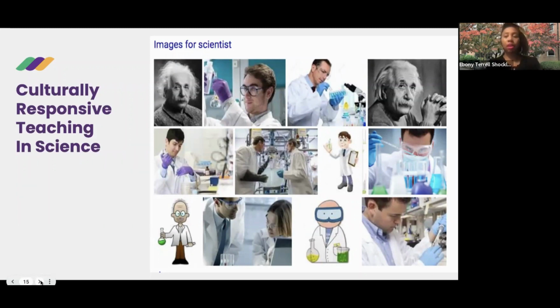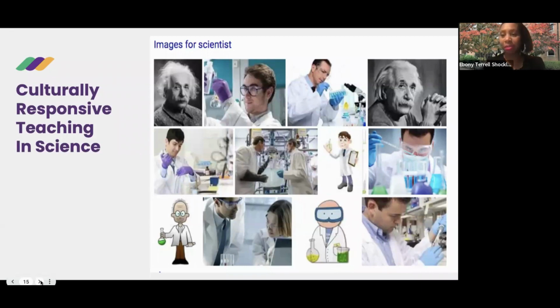So you have to think about the algorithms that had to be used to come up with these images, the thinking behind these images, why these images, what systems, what mindsets, what dispositions did the individuals who formulated these images have to come forward or to present for scientists. Do you see someone who looks like you?